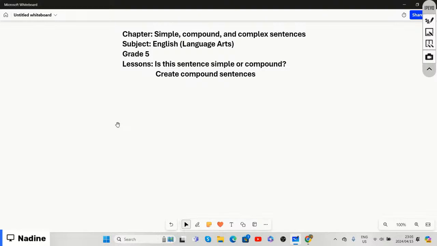And the lessons that we are focusing on under this chapter are: is the sentence simple or compound, and we need to create compound sentences. So that is going to be our lessons for today.